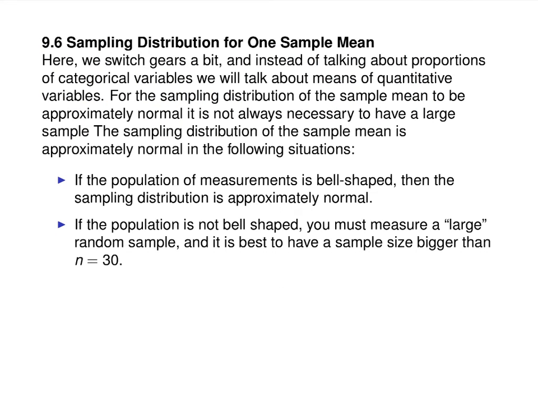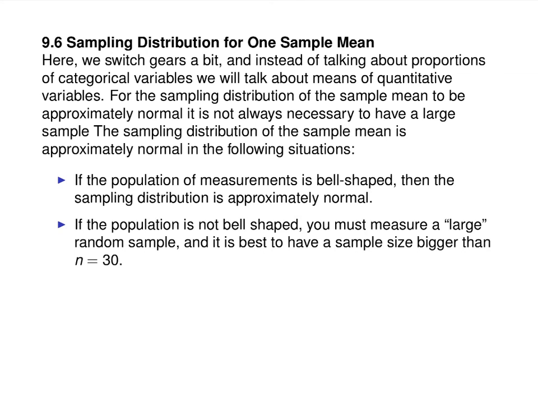So sample means are a teensy bit different, but the same basic principle holds: larger samples produce less variability. So instead of talking about proportions, we're going to talk about means of quantitative variables. For the sampling distribution of the sample mean to be approximately normal, it's not always necessary to have a large sample.